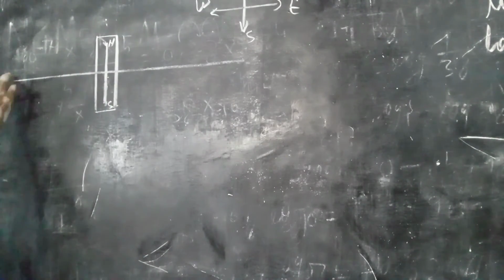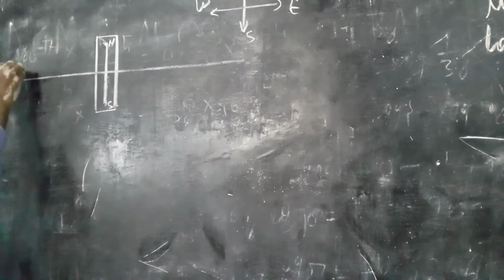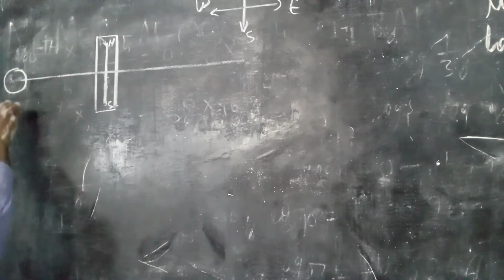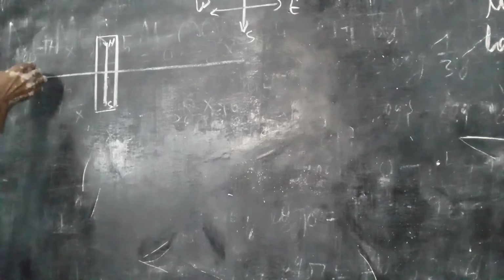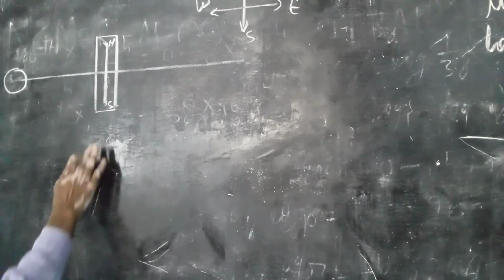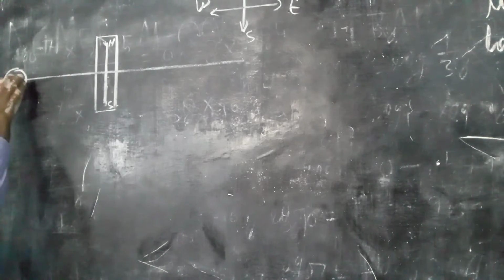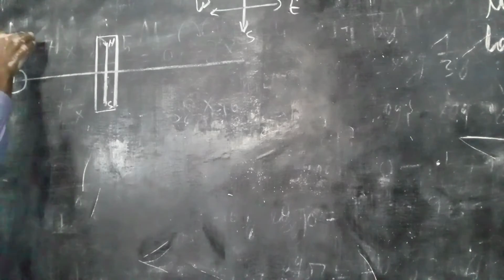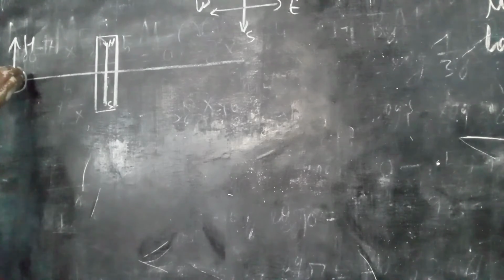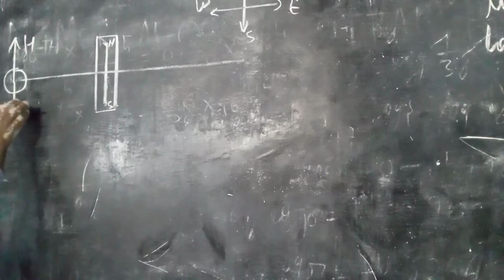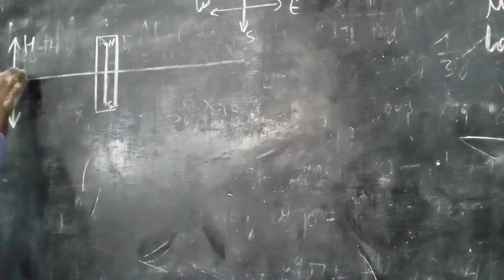So at the neutral point, let this be your neutral point. At the neutral point, the horizontal component of the magnetic field becomes equal to the magnetic field produced by the bar magnet, but in the opposite direction.